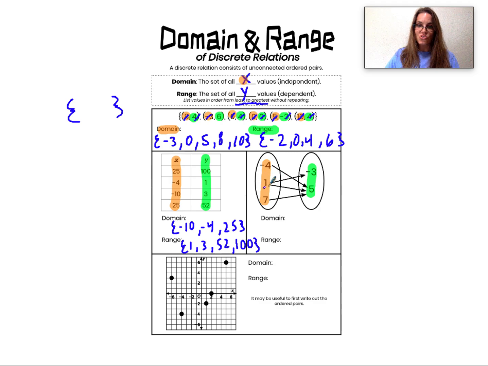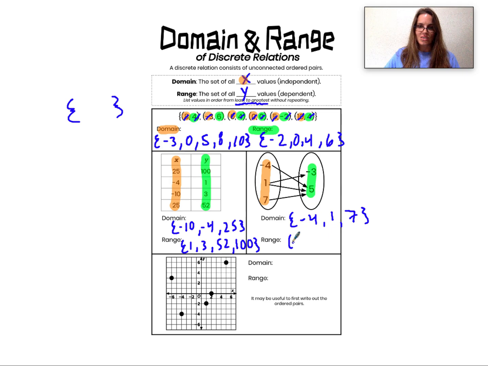So in fact, in this relation, 1 occurs more than once. We have 1 and -3, as well as 1 and 5, but I only write 1 once. That means writing the domain is as easy as looking at my left oval and writing -4, 1, and 7. -4, 1, and 7 is my domain, written from least to greatest without repeating.